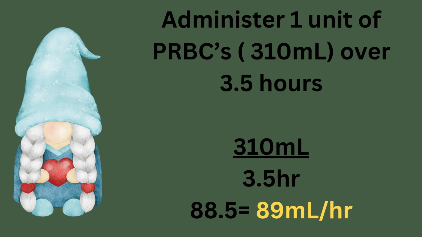Our answer that we get is 88.5. Because this number right here, the nearest tenth right here, is 5 or greater, we can round this up to 89 milliliters per hour. And then the patient would get this entire unit of packed red blood cells over that 3.5 hours.